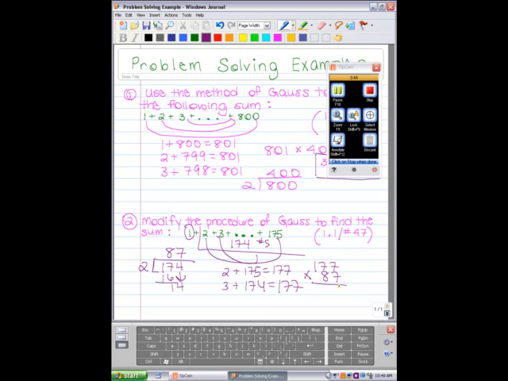Okay. So now we multiply. 7 times 7 is 49. 7 times 7 is 49 plus 4, we have 53. 7 times 1 plus 5 is 12. Okay, let's put a 0 in that place. 8 times 7 is 56. 8 times 7 is 56 again.